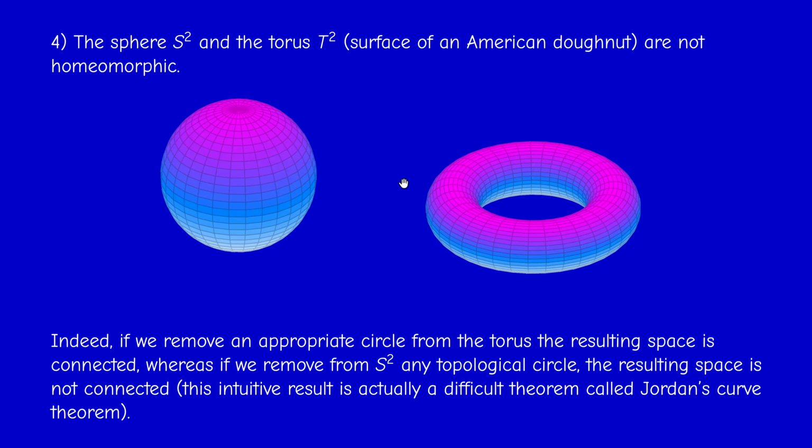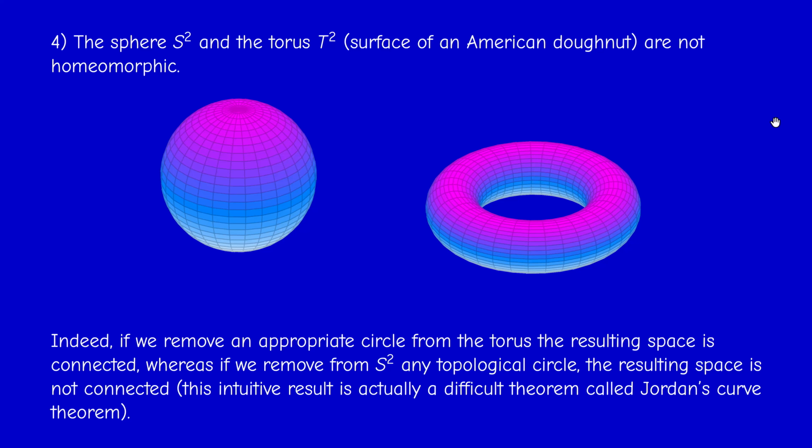So when we remove an appropriate circle from the torus, just the surface, the resulting space is connected. Whereas if we remove any topological circle from the sphere, the resulting space has two connected components, and therefore these two shapes are not homeomorphic. So we cannot deform the sphere into the torus without breaking it.